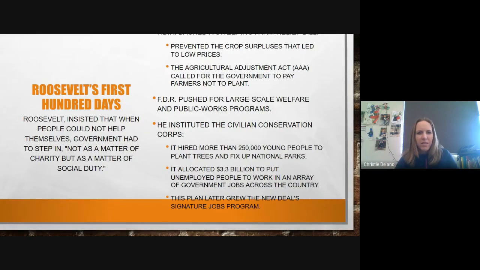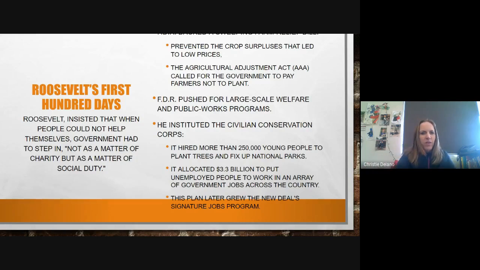So it's trying to stabilize the prices. The Agricultural Adjustment Act, or the AAA, called for government to pay farmers not to plant. So subsidizing farmers, saying we're going to pay you, but we don't want you to plant. We just need things to stabilize. Of course, there were still some farmers planting in order to provide food for Americans.